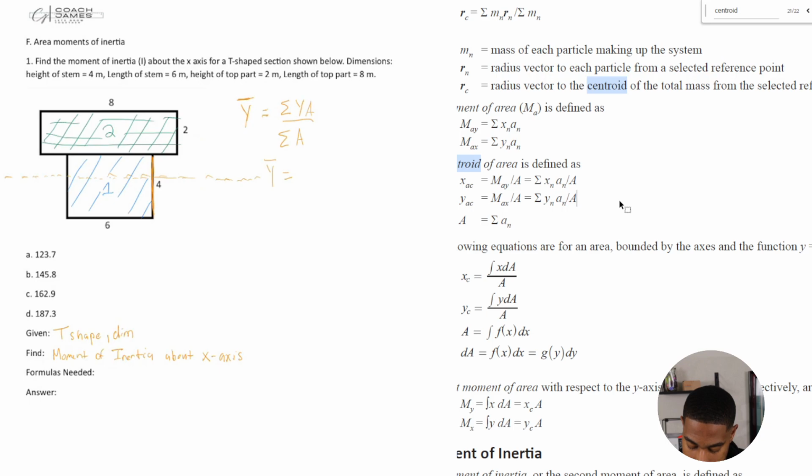If I'm saying my axis just starts from the bottom, how do I get the center in the y direction? So I'm just going to say 4 divided by 2, or 2. All right. So the center of that piece is going to be at 2. Okay. How do I get the area of part 1? We're going to say 4 times 6, right? It's the area of this rectangular box.